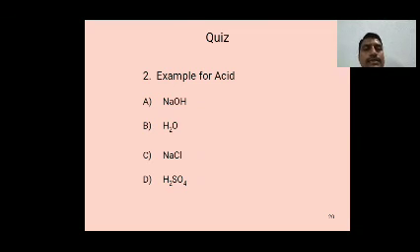It produces two H plus ions in aqueous solution per molecule, so it is called a dibasic acid. D is the right answer.